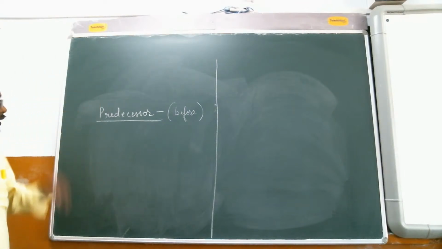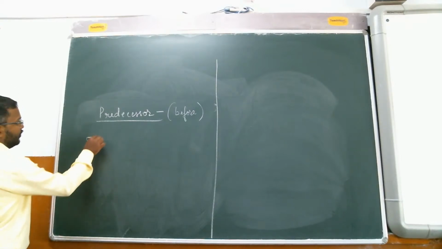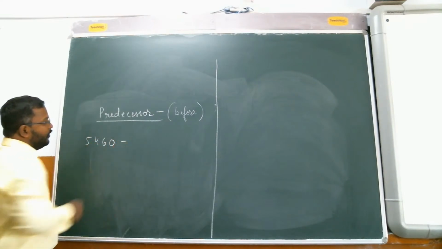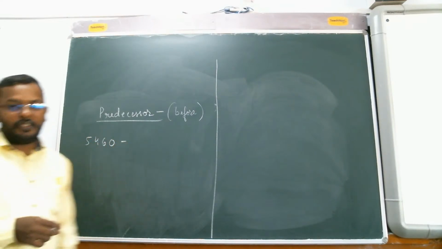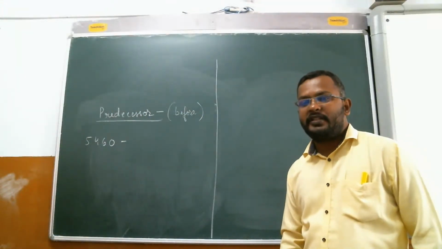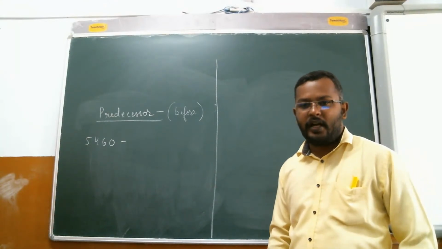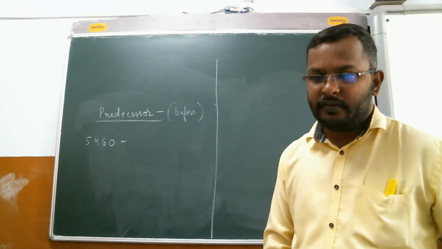Let's take some numbers and try to find the predecessor of those numbers. Find the predecessor of 5460. All of you find it and write your answers in the comment section.